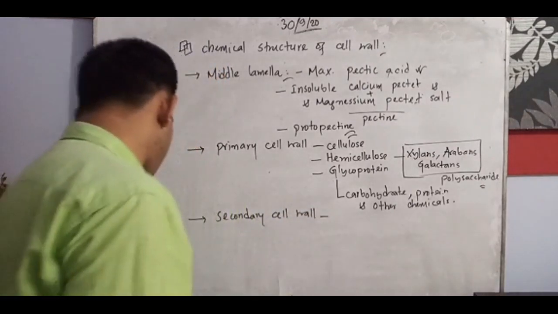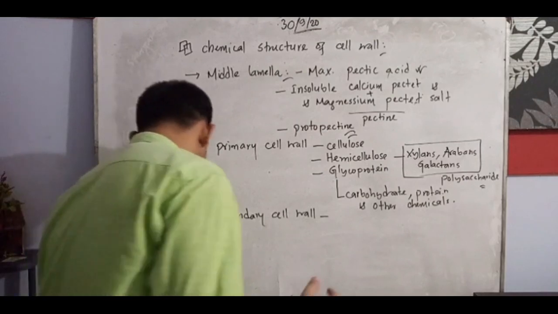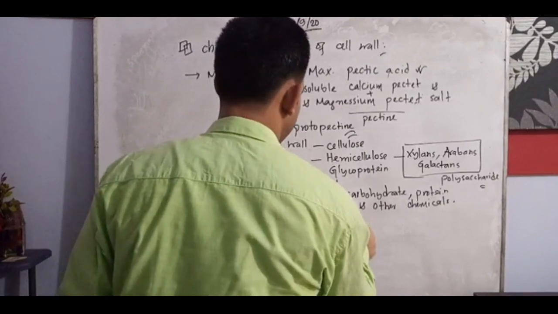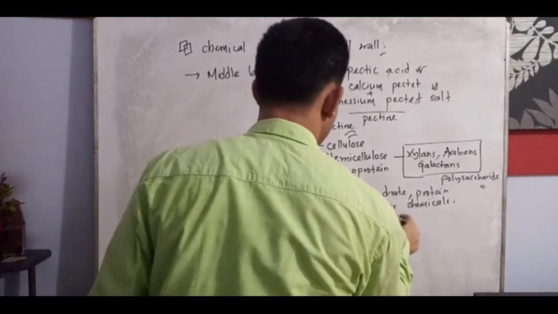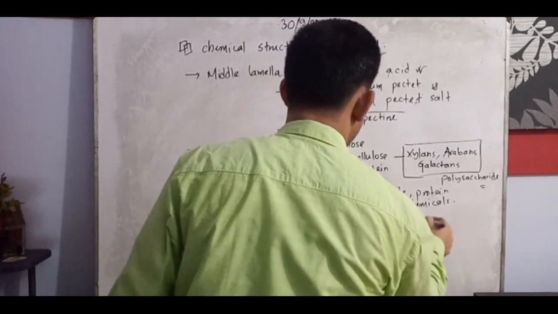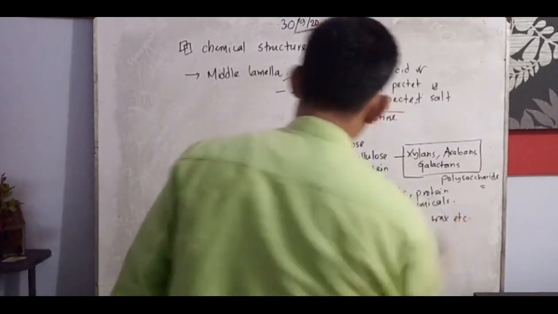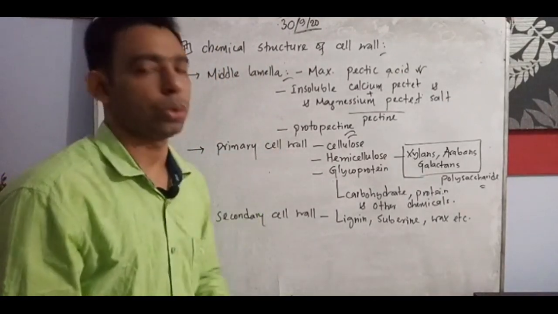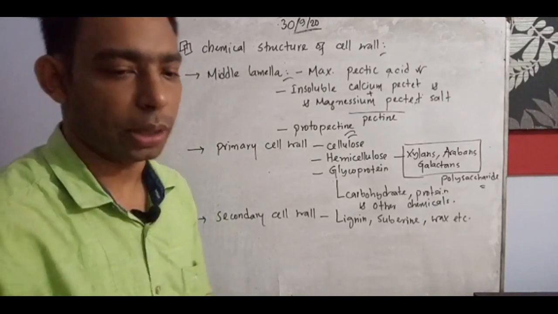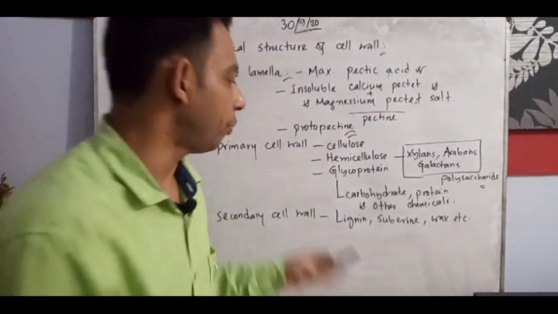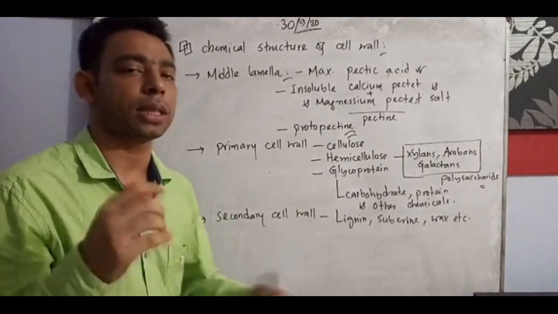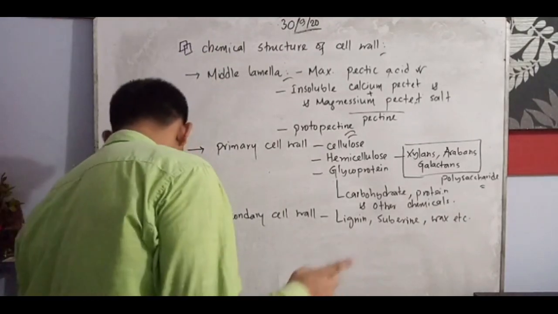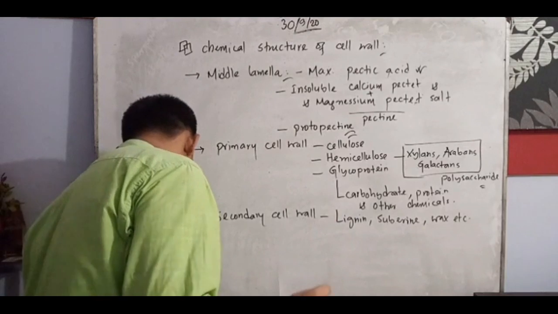In the secondary cell wall, the important parts are lignin, suberin, wax, etc. You must learn these constituents. They are very important, asked in SQ, MCQ and other types of questions. For the secondary cell wall, I will give you a short note. It is very important.